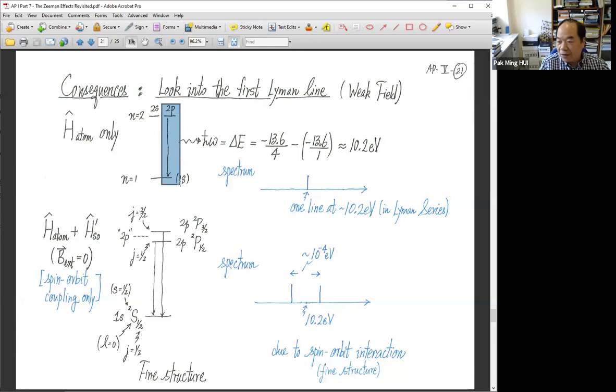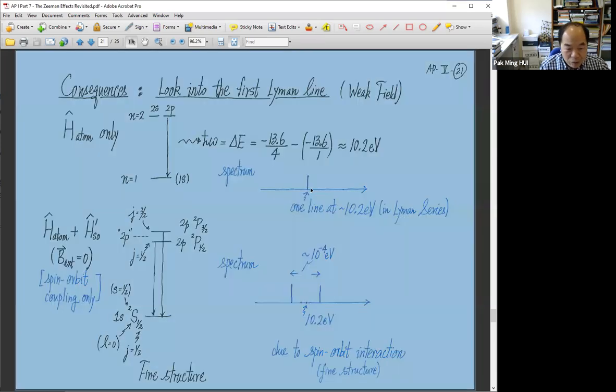You learned last term, this is minus 13.6 divided by 4, and this is minus 13.6, so you can get the difference in eV, way out in the ultraviolet. So you see one line. That is about 1880, when Balmer, Lyman series, all those things were there.